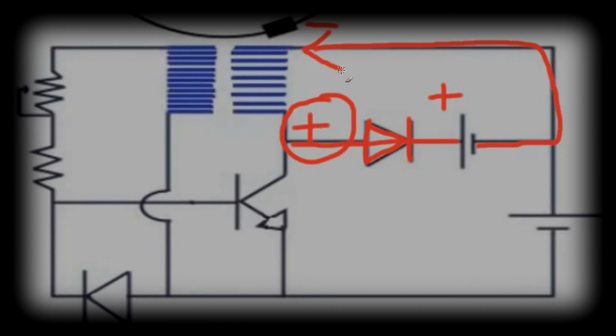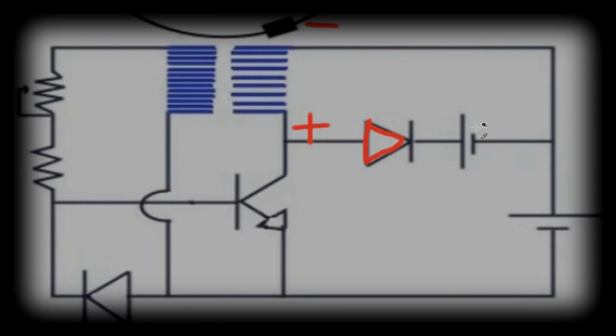So this coil basically here, the drive coil, releases its rebound energy back into the charging battery right here. That's your source. And that's how Bedini is capturing the flyback from the drive coil into the charging battery.